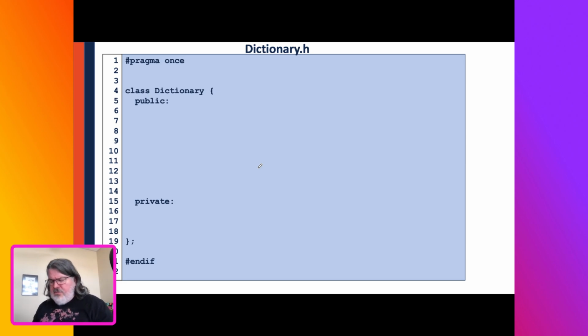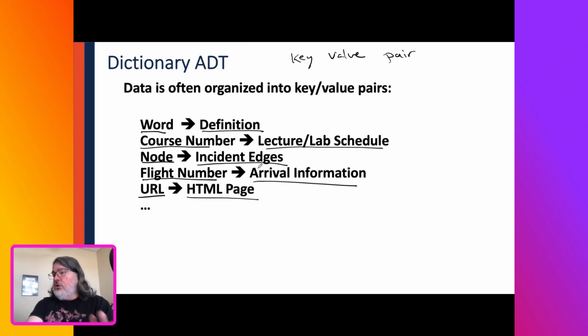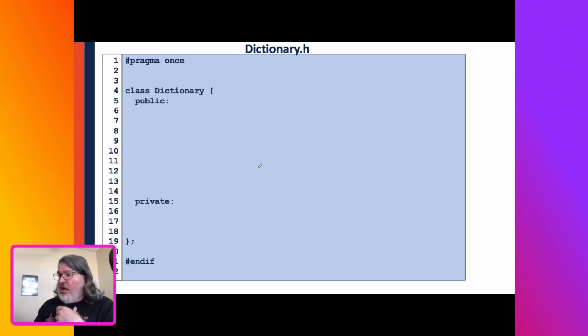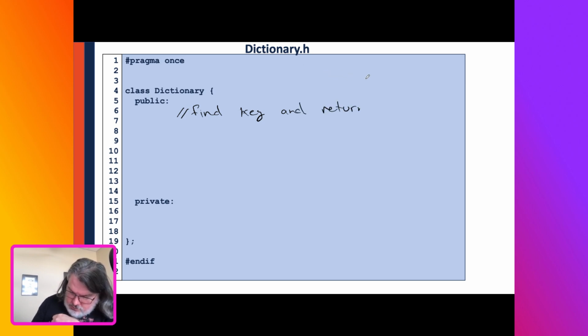I'm going to work through the abstract interface here along with functional. So first we want to have find, right? That's what we already said we did. We look up words in a dictionary. So the most basic thing we have is find: find key and return value.